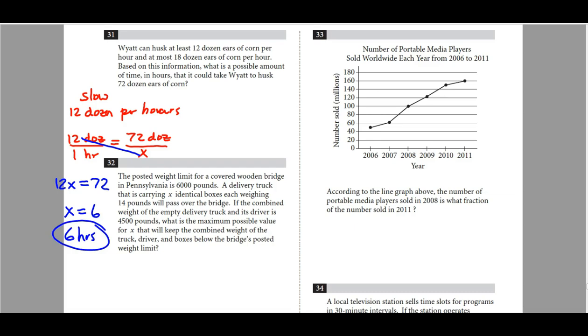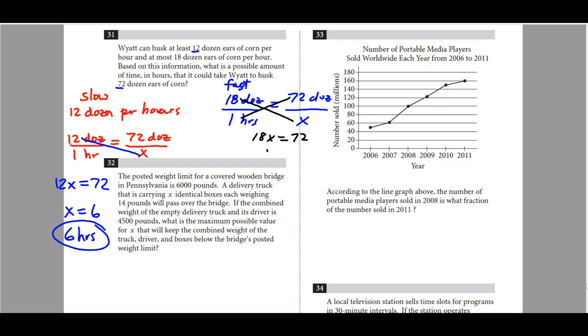Some of you may not have had to set up a proportion like that. You might just know that you need to divide 72 by 12. You could do that as well. But if he's doing it really fast, he can do 18 dozen in 1 hour. So he could do 72 dozen in x hours. And when you cross multiply, 18x equals 72.